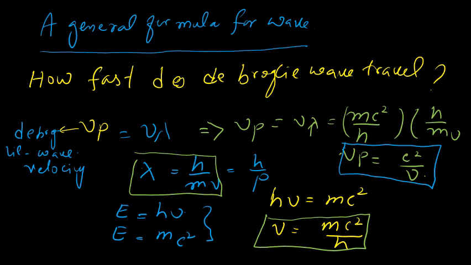This is an unexpected result, and in order to understand it, we must know the distinction between phase velocity and group velocity. In our coming video we will discuss the reason, and the distinction between the phase velocity and group velocity.